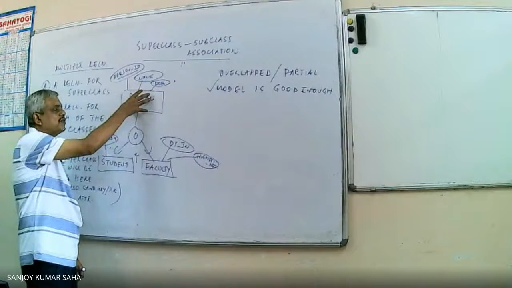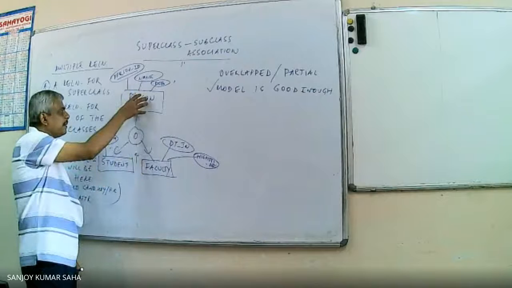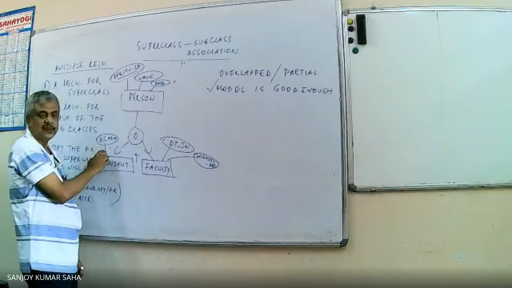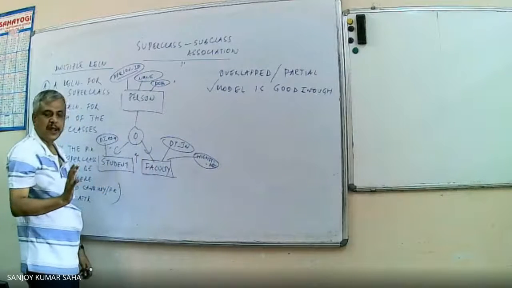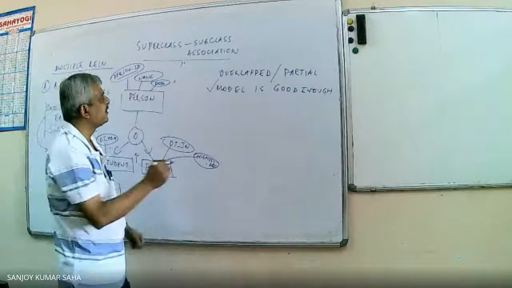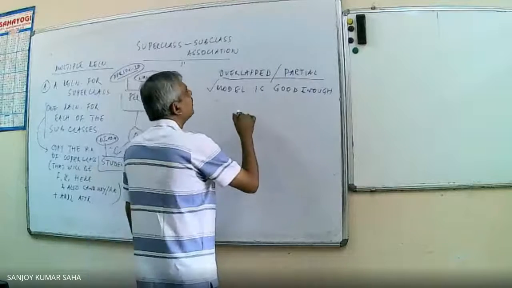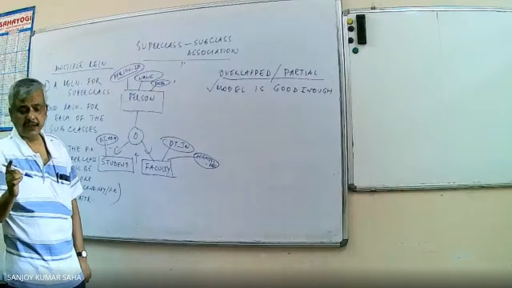Then also the common information we are keeping only once, because for that particular person we will have an entry into student with only the additional attributes. We will have an entry into the faculty with the additional attributes. So no redundancy. For this situation, this model is good. Rather, this will be the best situation.